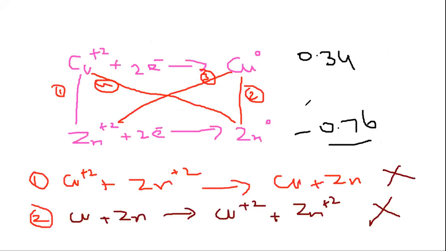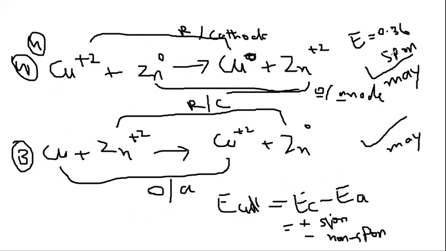So the third option should be a non-spontaneous reaction. That means energy is required if you make this reaction a reversible reaction compared to this one. With this, I am going to end the first part of today's lecture here.